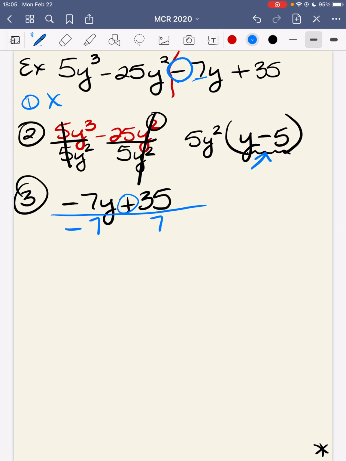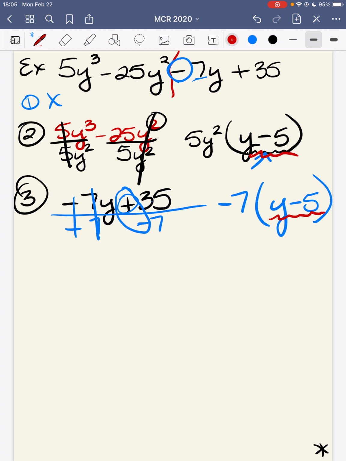And I have no other y's, so I just have the one y. So the negatives on the first one are going to cancel, and the 7's are going to cancel, leaving me with just y. So we divided by negative 7. We're left with a y. And now we're dividing by negative 7 on this one also. A positive and a negative give me a minus. This is going to change my sign. And 35 divided by 7 is 5. Right. Now notice these two match, which is what we really want to happen here.